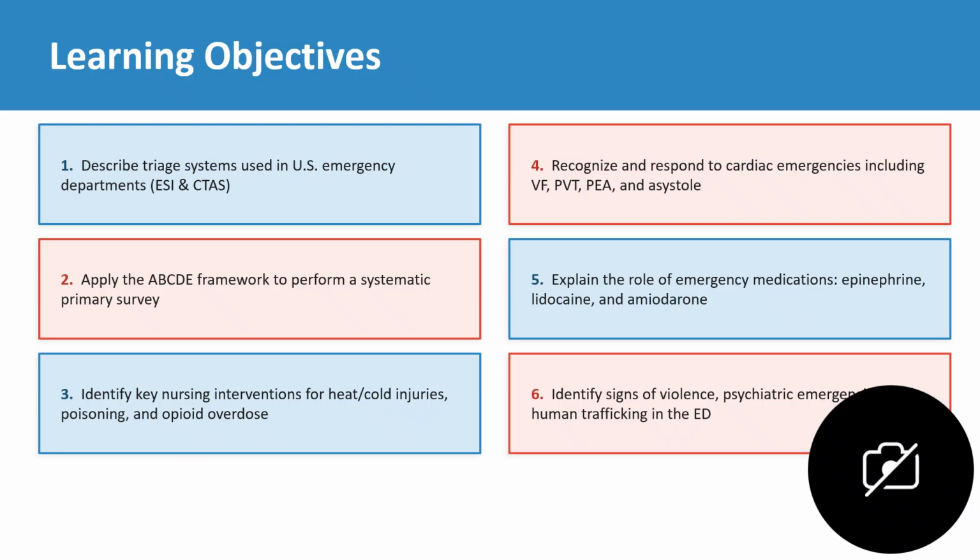Today, by the end of this presentation, you'll be learning different triage systems used in the US Emergency Department, both ESI and CTAS, and also applying the ABCDE framework to perform a systematic primary survey, identifying key nursing interventions for heat and cold injuries, poisoning, opioid overdose, recognizing and responding to cardiac emergencies, including ventricular fibrillation, PEA, Asystole, and explaining the role of emergency medications, epinephrine, lidocaine, and many more.